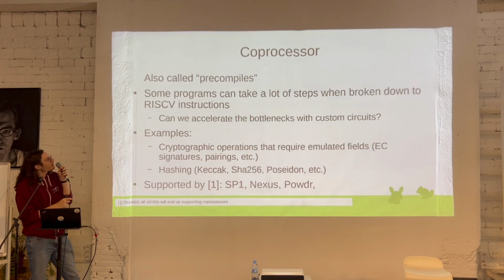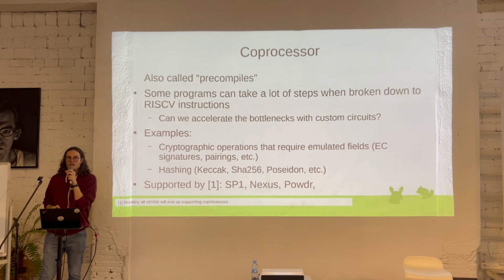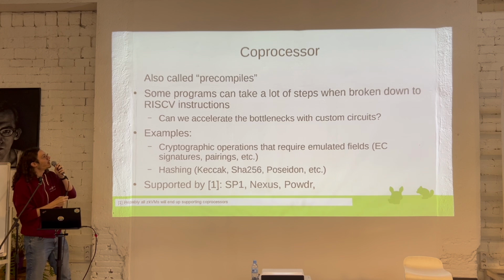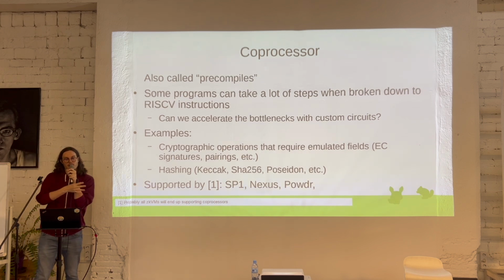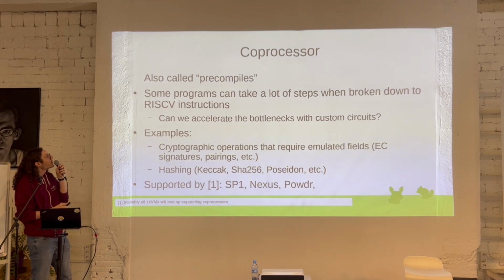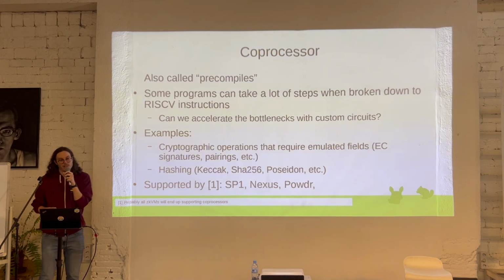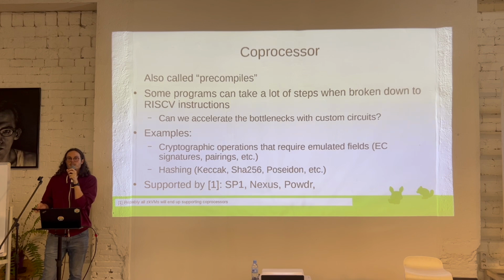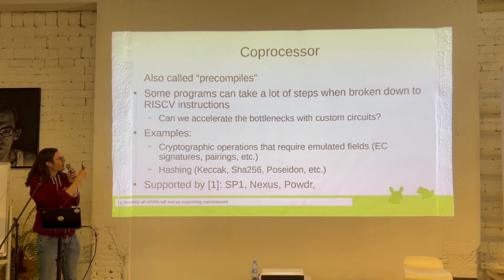Okay, the other part that is a feature of some zkVMs is the idea of coprocessors. They are also called precompiles, which matches the nomenclature used in Ethereum. The point is that some programs, when they are translated to RISC-V instructions, may take a lot of steps for some particular functions.